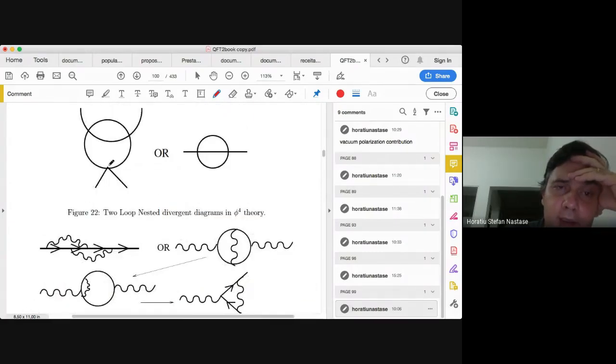Okay, so let me also give the relevant example for QED, which is the physical case. One example is written here. This would be a 2-loop correction to the fermion propagator. We've calculated the 1-loop correction to the fermion propagator. That was just this photon line making a loop on the fermion line.